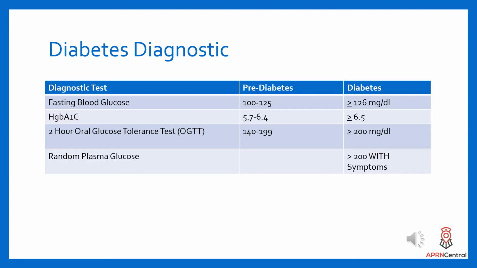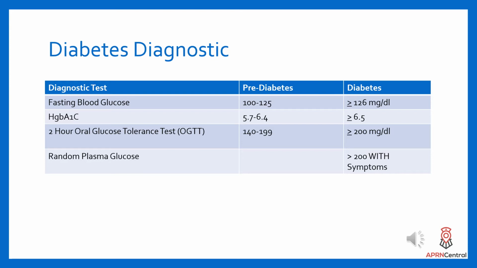With the fasting blood glucose, prediabetes is generally in the range of 100 to 125. Diabetes is either equal to or greater than 126. A hemoglobin A1C, prediabetes 5.7 to 6.4. Diabetes is considered greater than or equal to 6.5.